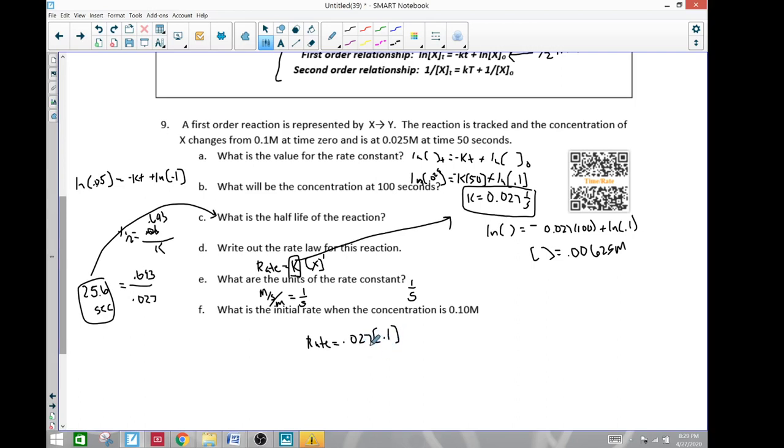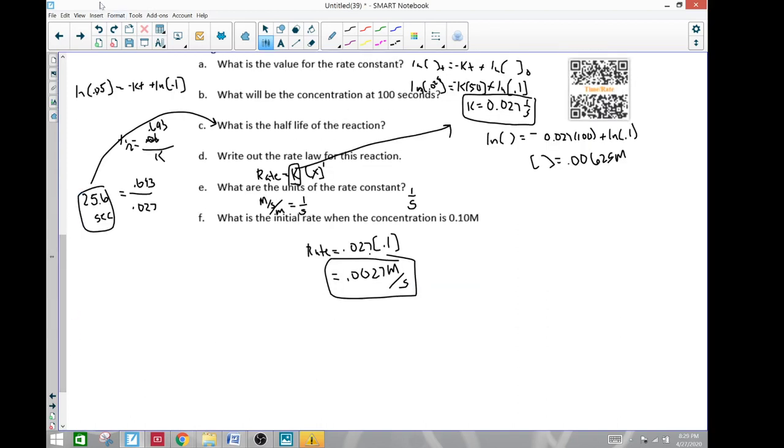And 0.1 times this guy is going to be, the rate equals 0.0027 moles per liter per second. And that's it right there. Okay, and then roll along.